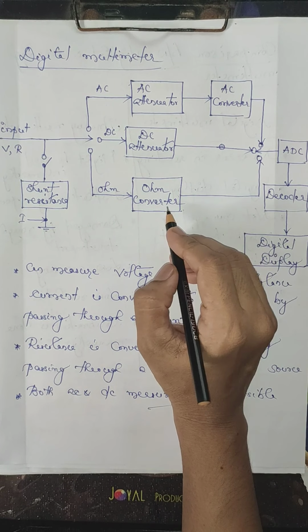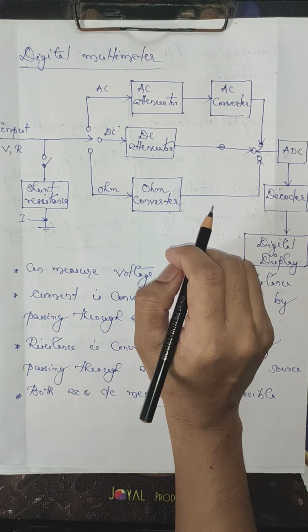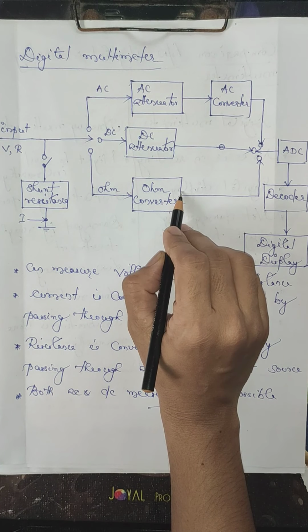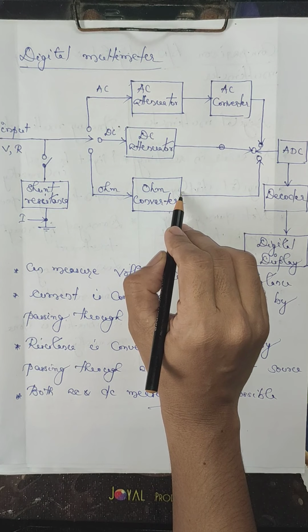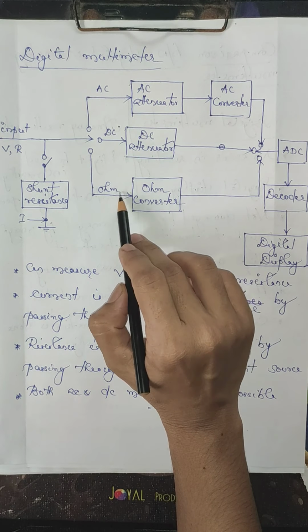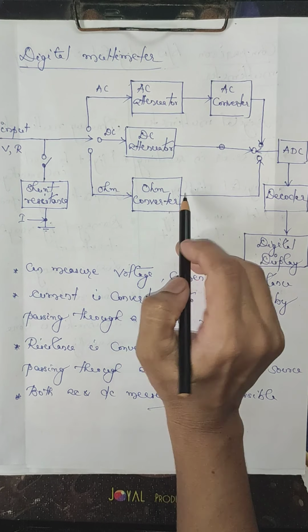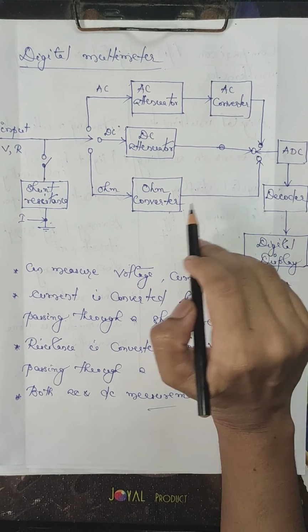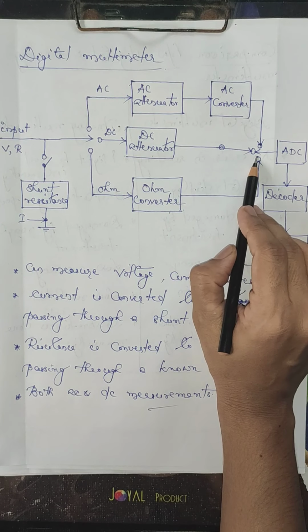Ohm converter is nothing but a current source. So when a resistance is passed through a current source, a voltage drop will occur, I into R, according to Ohm's law. So the resistance will be converted to a voltage, and this voltage will also be given to this point.